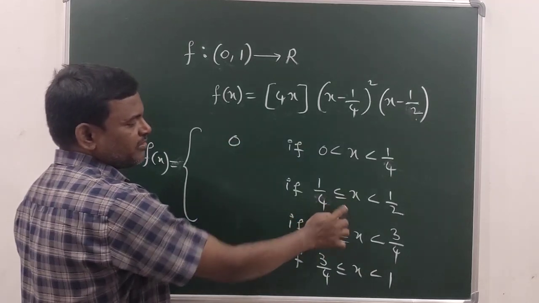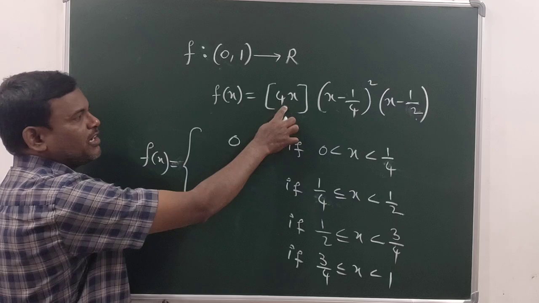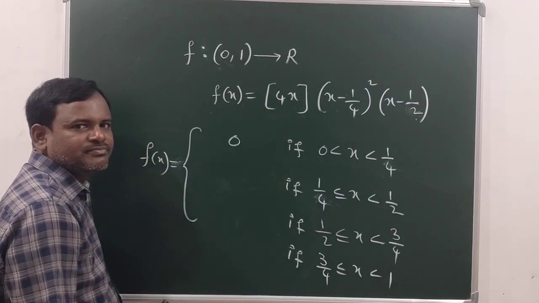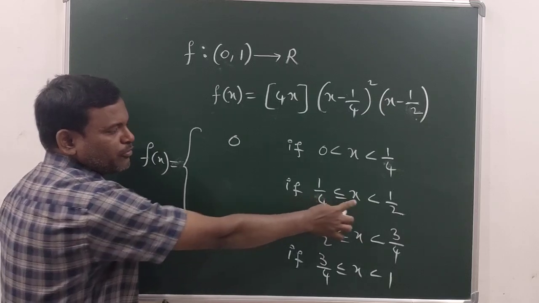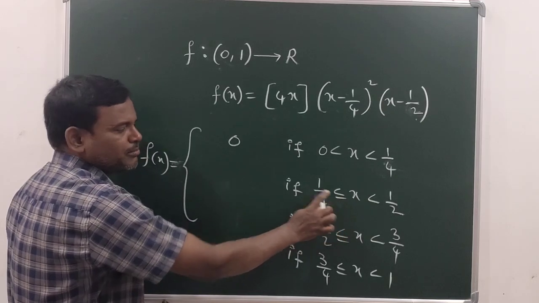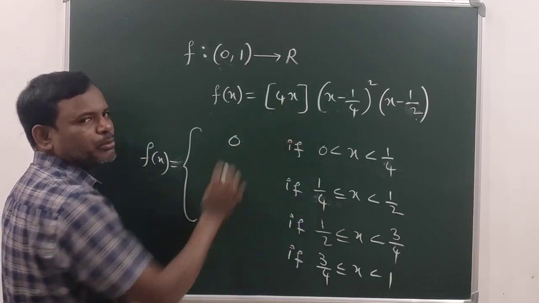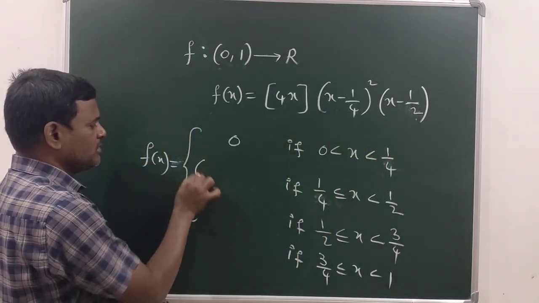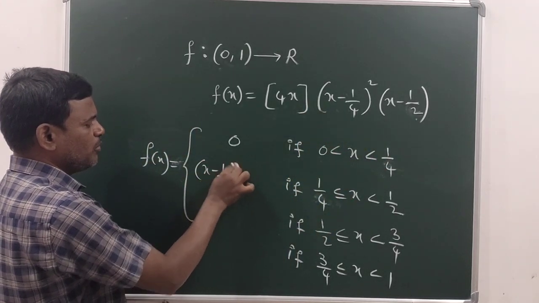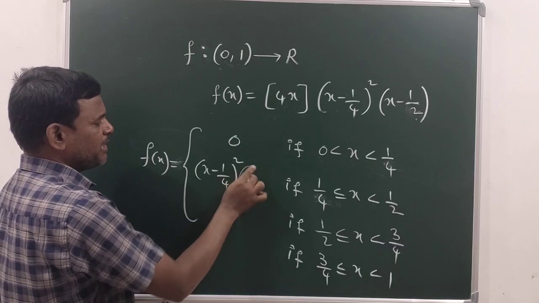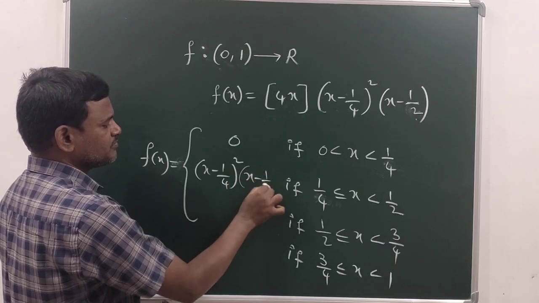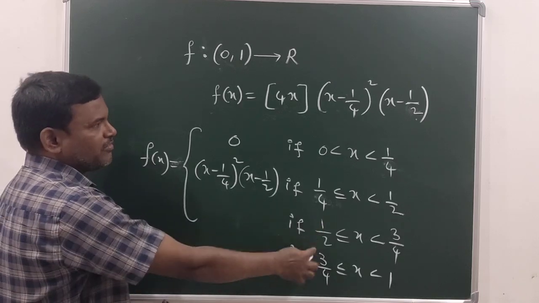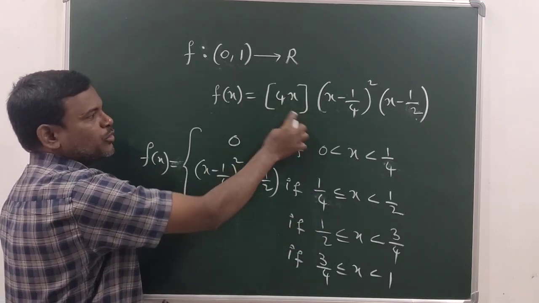Now go to the next interval. If you write any value here, the greatest integer part is 1. Here 1 by 4 is included, as I kept the less than or equal symbol, so it is going to be 1. 1 into something, and this much only will be left: (x minus 1 by 4) whole square into (x minus half). Now go to the next interval. If you write 1 by 2 here, it is going to be 2.